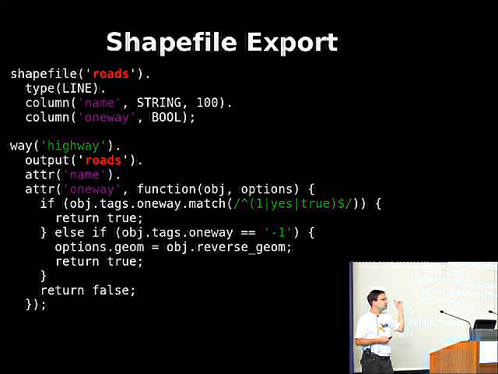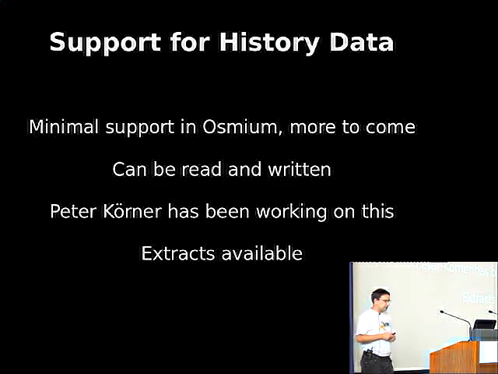This is something you can't do, I guess, with any of the other shapefile exporters, because it's hard to do in a configuration file. This is why there isn't just a configuration file that you have to pass, but you get extra JavaScript. You can do the easy things easily, but the more complex things you can also do by writing custom JavaScript code. I mentioned that before a little bit.